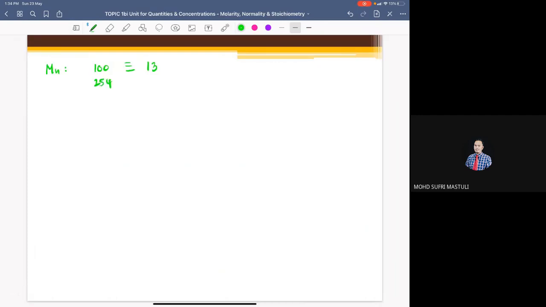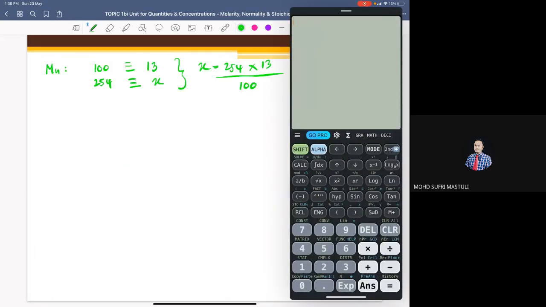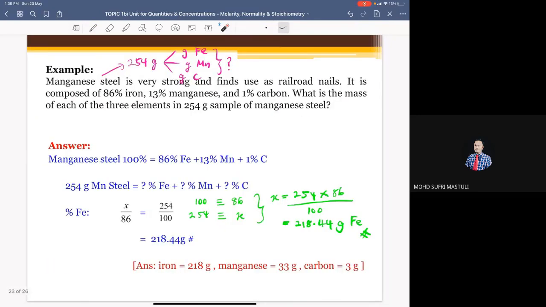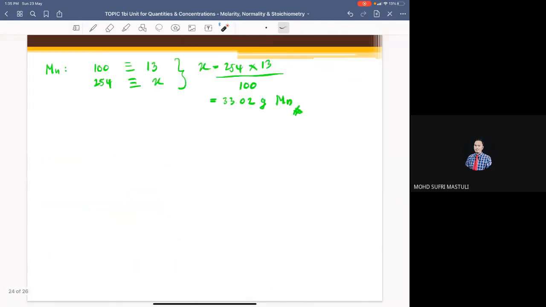So you want to find X. X is 254 times 13 over 100, which is 33.02 gram of manganese. Okay. So the answer is here, 33 gram.